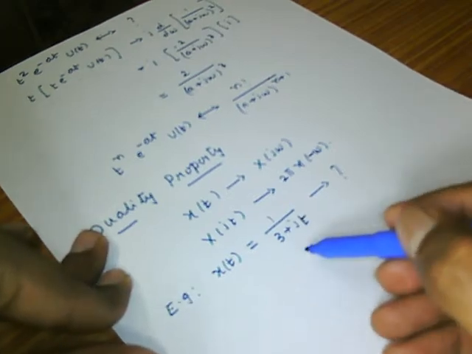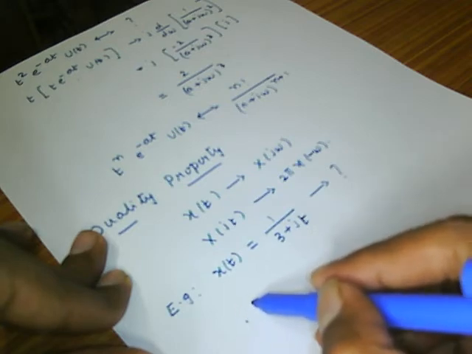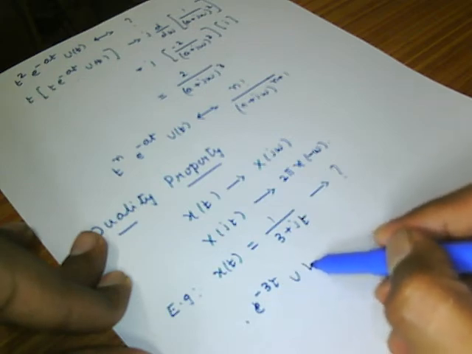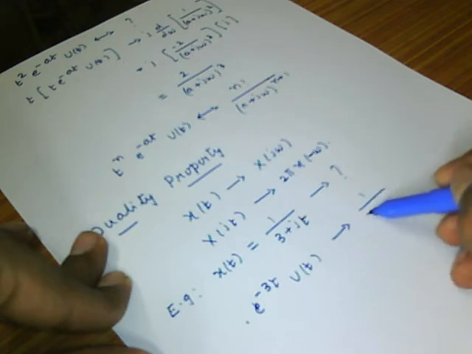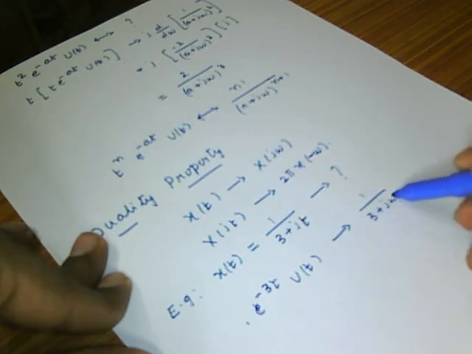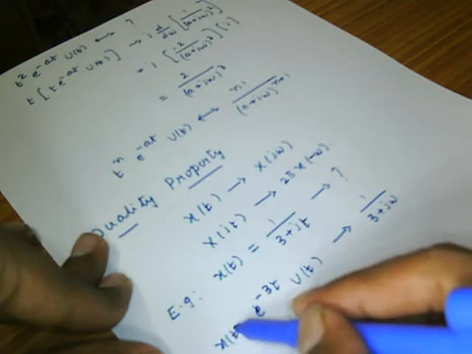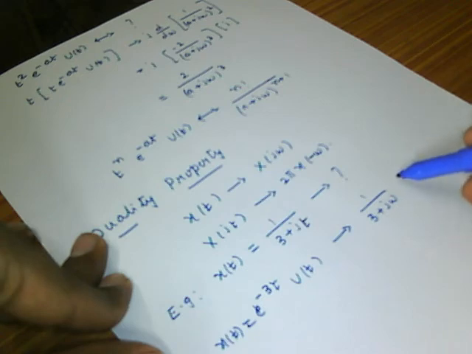We know that e power minus 3t u of t will have 1 by (3 plus j omega) as the Fourier transform. So if you take this as x of t, the corresponding Fourier transform is x of j omega.